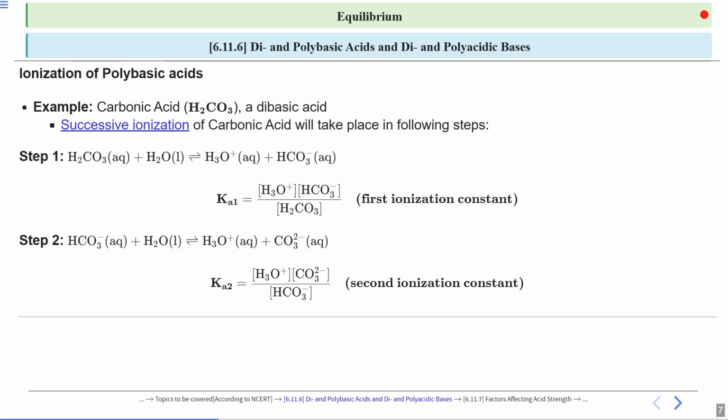Now the next part is to compare these ionization constants, whether K1 will be the smaller one or K2 will be the smaller one, or there is no definite pattern for it.